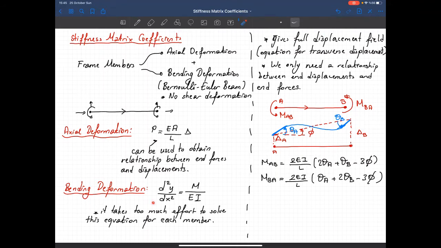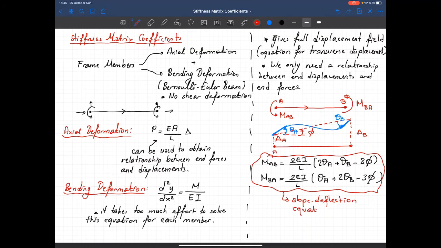So instead of trying to solve this equation over and over for every member, we have the simplified version of that equation that relates only the end forces with the end displacement. So we obtain an equation in the following form. We call these equations our slope deflection equations. And we use these equations to determine the stiffness coefficients of a Bernoulli-Euler beam member.